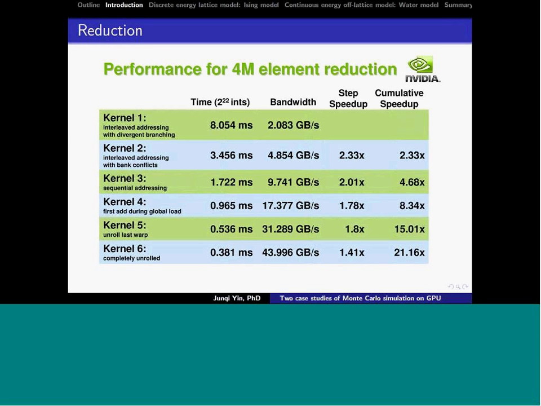The bandwidth of kernel 6 is about 20 times that of kernel 1, thus you have over 20 times speedup from optimization.